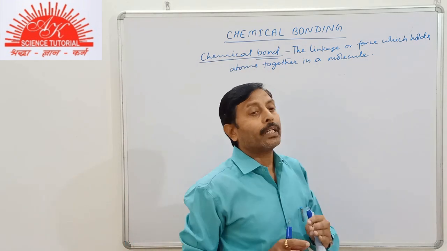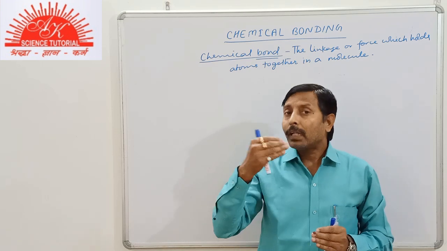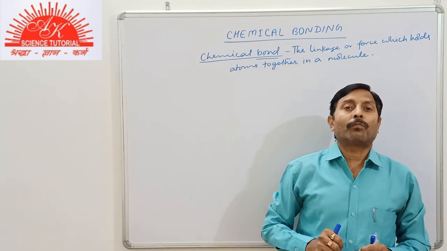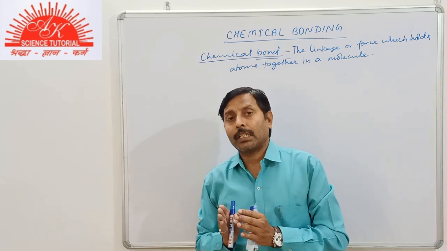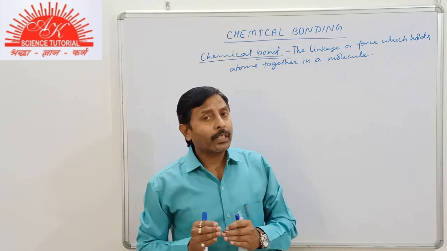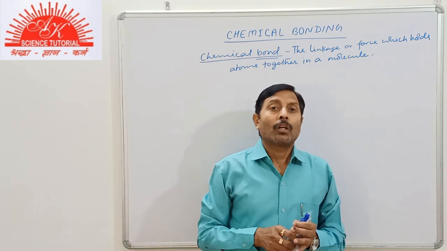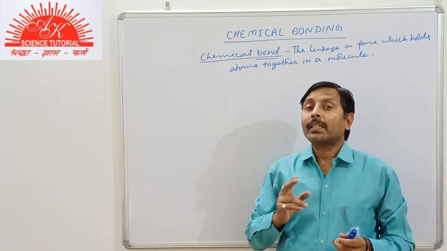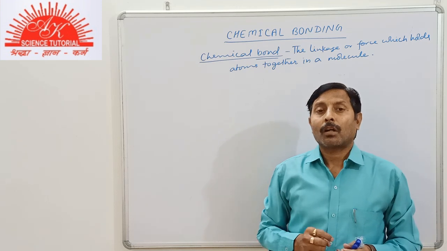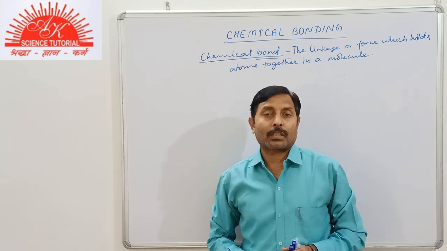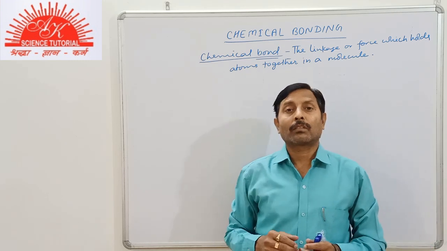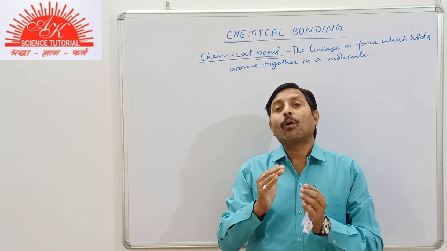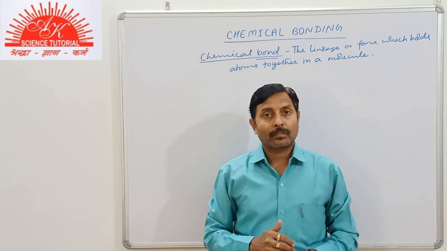Now, here the question arises: why do elements take part in chemical bonding? That is, what is the cause of chemical bonding? Students, according to electronic configuration, we know that in nature there are certain elements which have 2 valence electrons, like helium, or 8 valence electrons like neon, argon and so on, and they are chemically inert, that is, they have a stable outer electronic configuration.